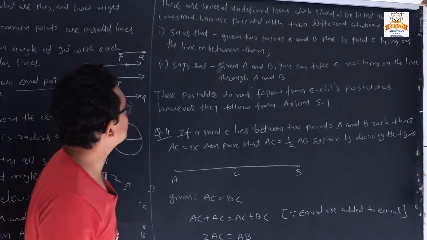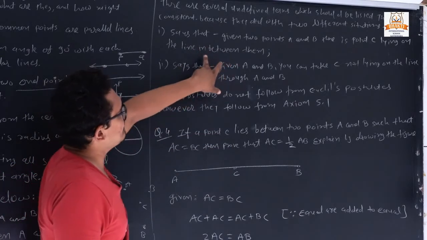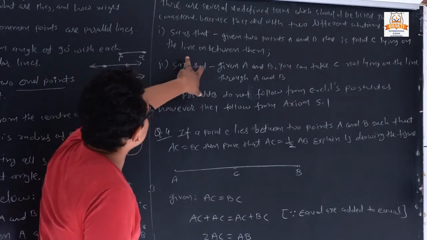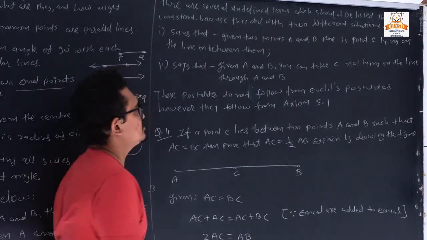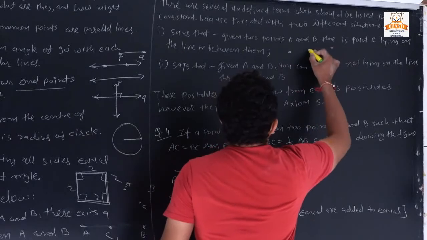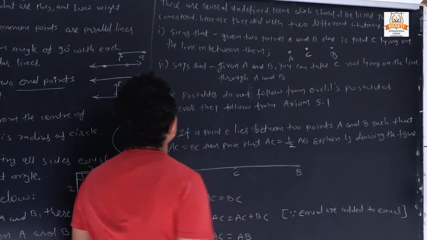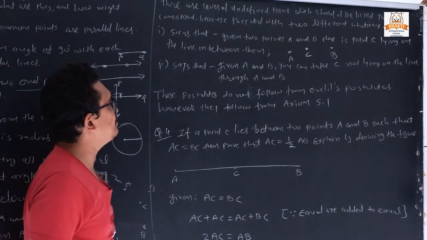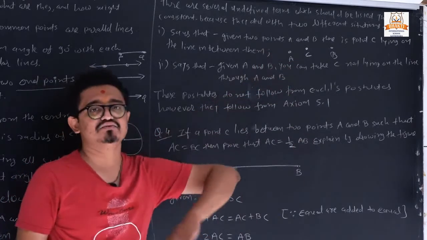How are they related to each other? See, the first postulate says what? Given 2 points A and B, there is a point C lying on the line between them. So C is lying between A and B. And second, given A and B, do you take a C not on the line through AB? So the second situation is what?